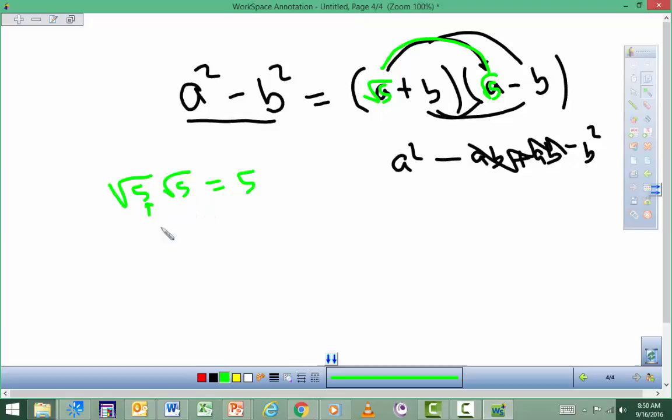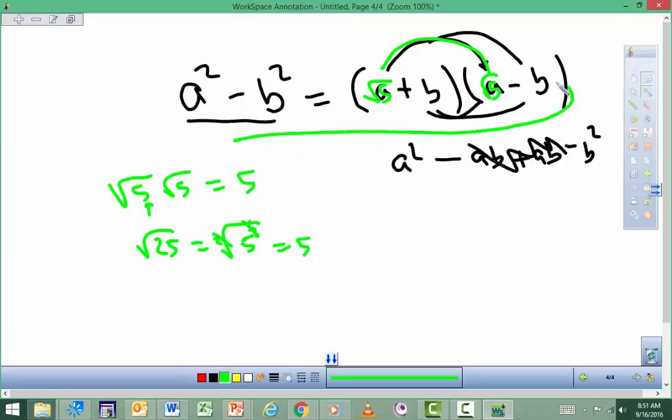Again, that's equal to the square root of 25. That's equal to the square root of 5 squared. And the index on a square root is a 2. And they're inverse operations, so they cancel. So you get 5.